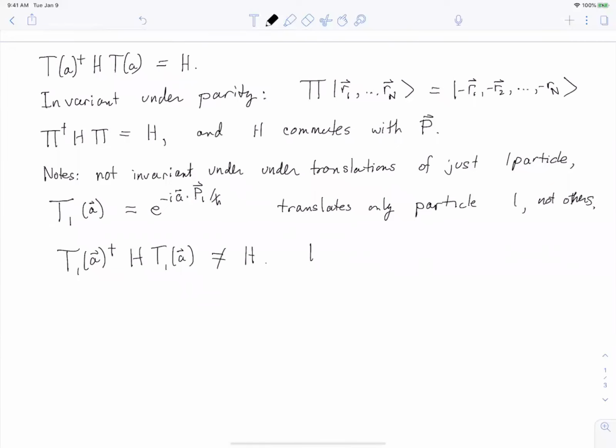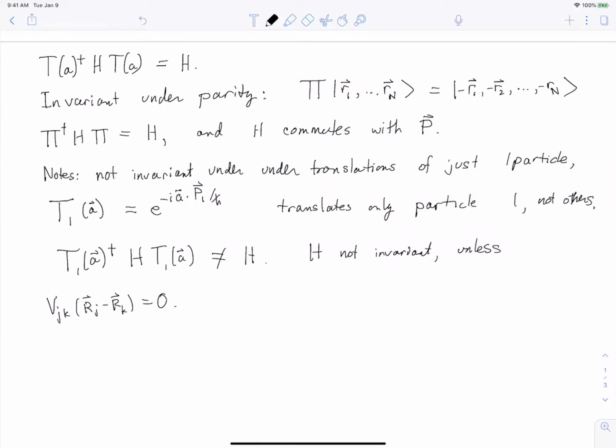So H is not invariant unless you just set all the potentials to 0, which would make you have the free particle back again. That would not be terribly interesting.